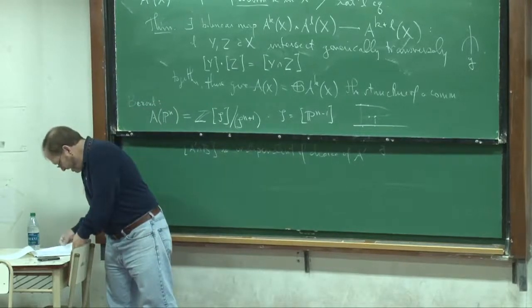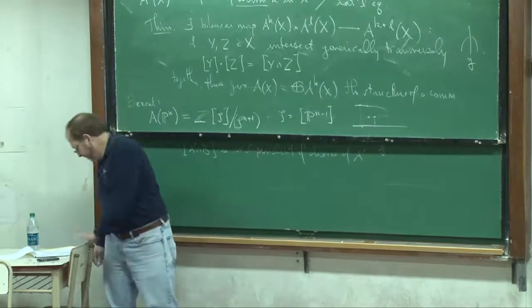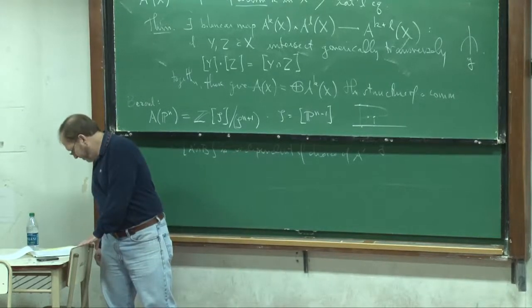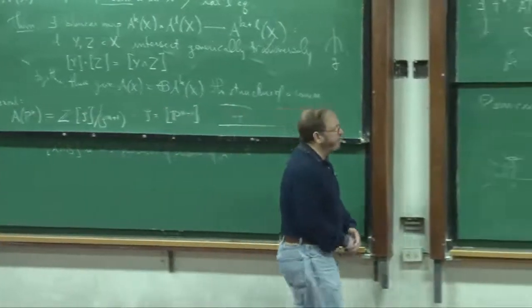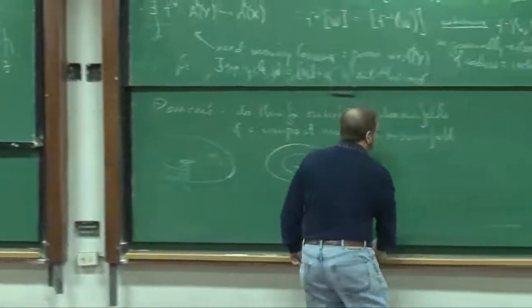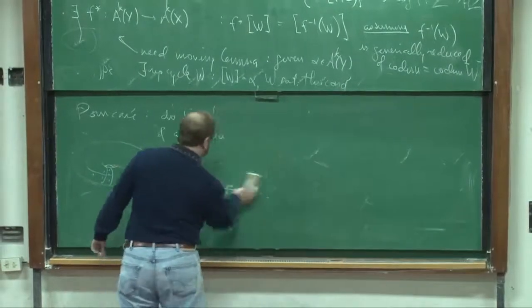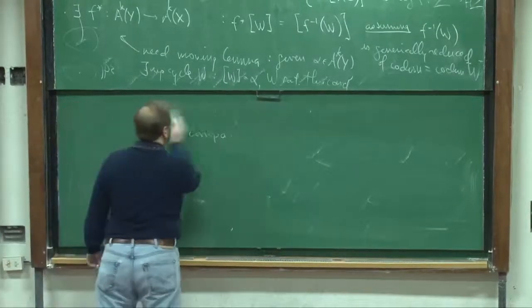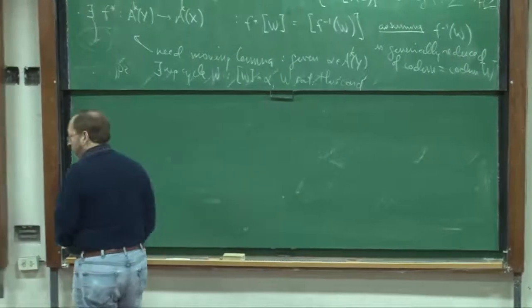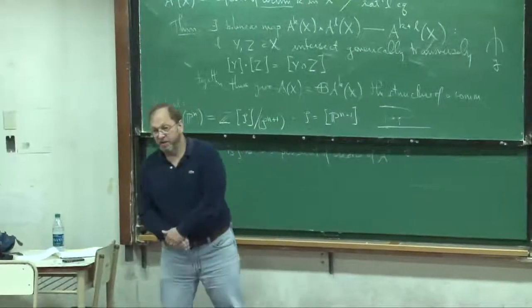The one, actually sort of two remarks I want to make. I said a good bit earlier this past hour that Chow groups are in general fairly hard to calculate.